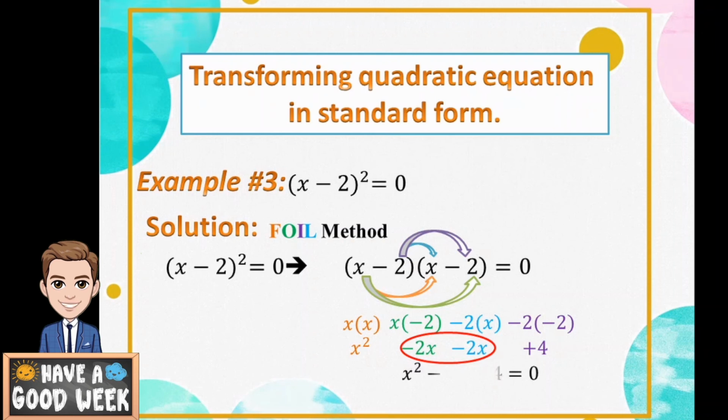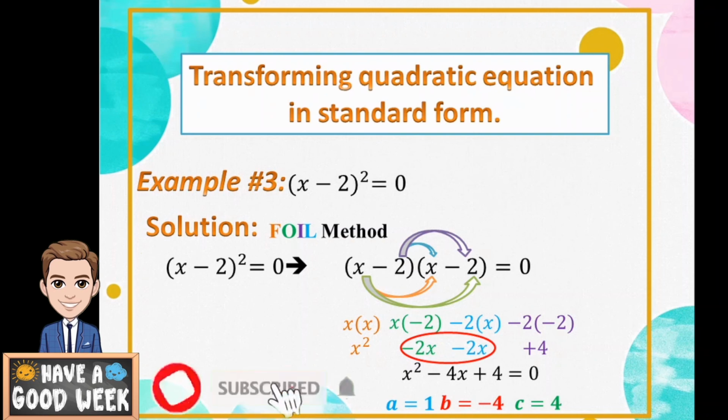Okay? So, the final answer is x squared minus 4x plus 4 equals 0. Again, negative 4x po yung sagot kasi both negative. So, the values of A, B, and C, A is 1, B is negative 4, C is positive 4. Okay? So, ganun lang kasimple.